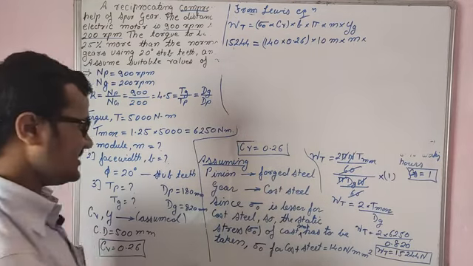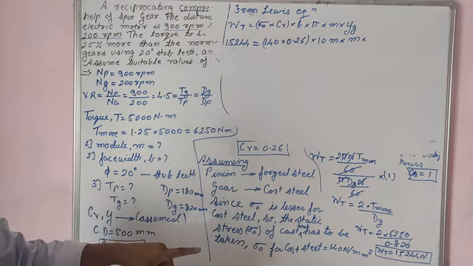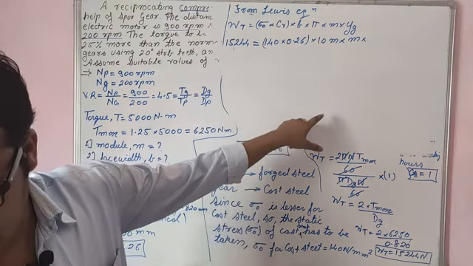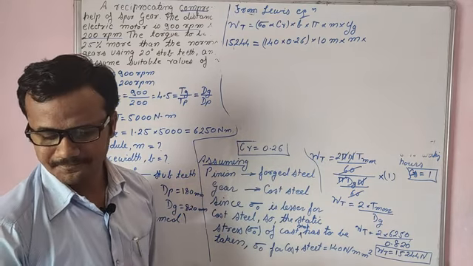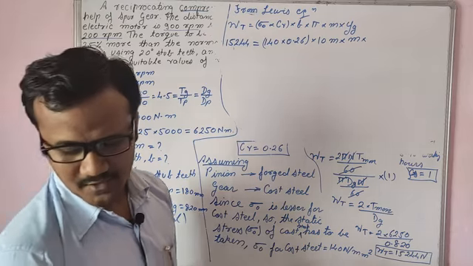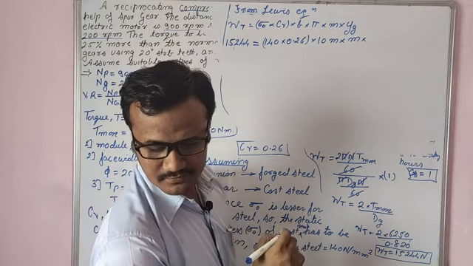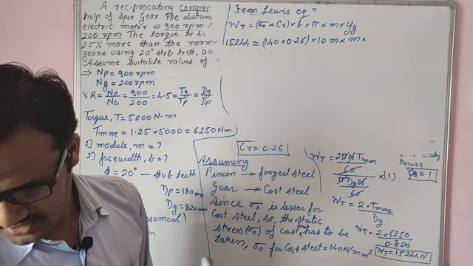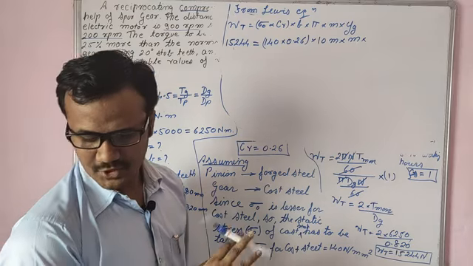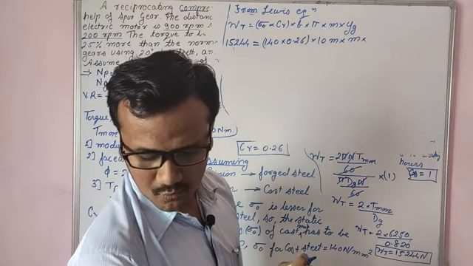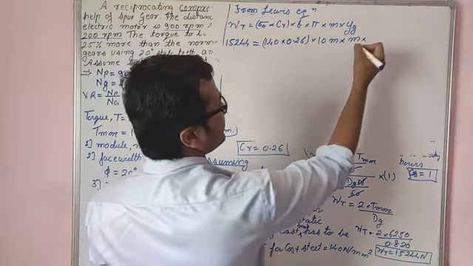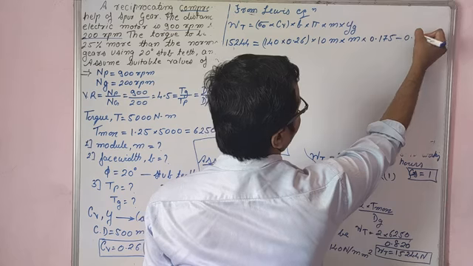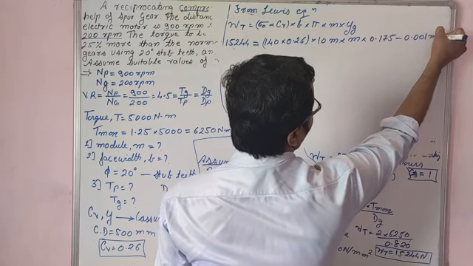Now the value of yg, we found an expression for yg. The value of yg was equal to 0.175 minus 0.001 times module.